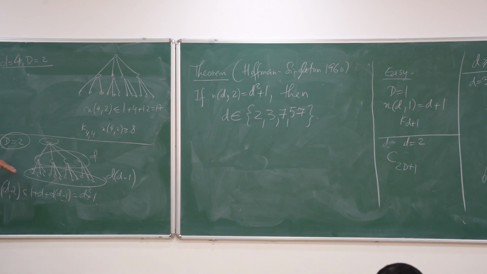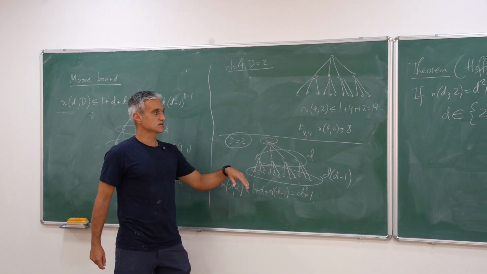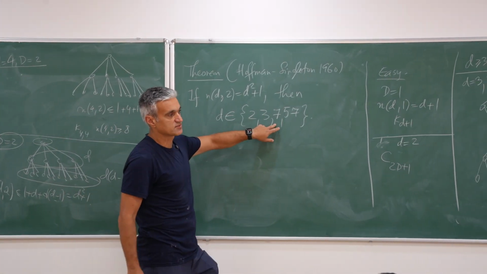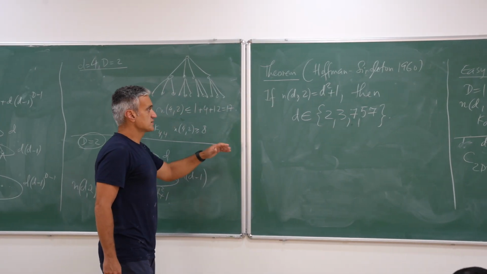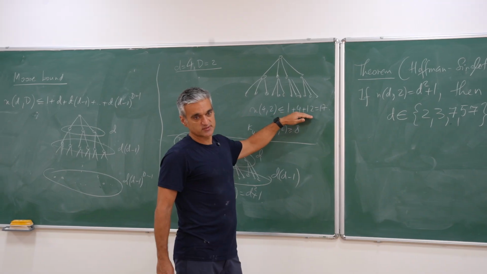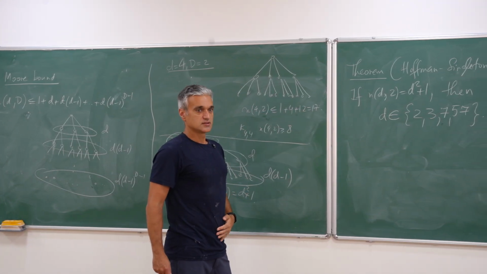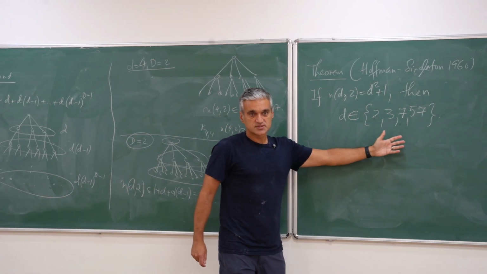So the only time you can attain equality in this inequality is if d equals 2, 3, 7, or 57. So by this theorem, we know for sure N(4,2) is not going to be 17, because 4 is not on that list.